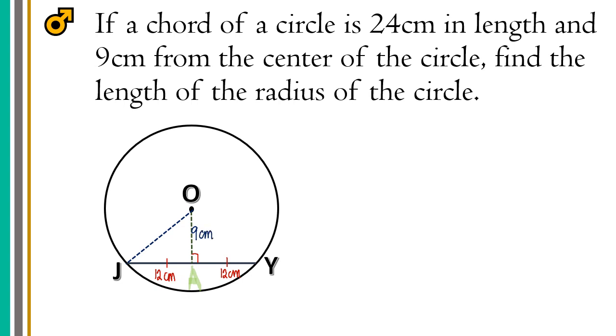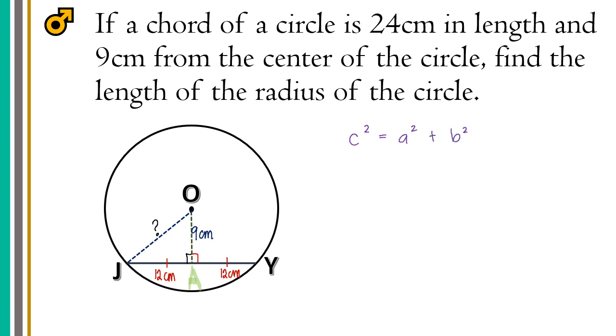What we're looking for in this problem is the radius, which is considered our hypotenuse, because it's the side opposite the 90-degree angle. Now, what formula are we going to use? Of course, the same Pythagorean theorem: c squared equals a squared plus b squared.